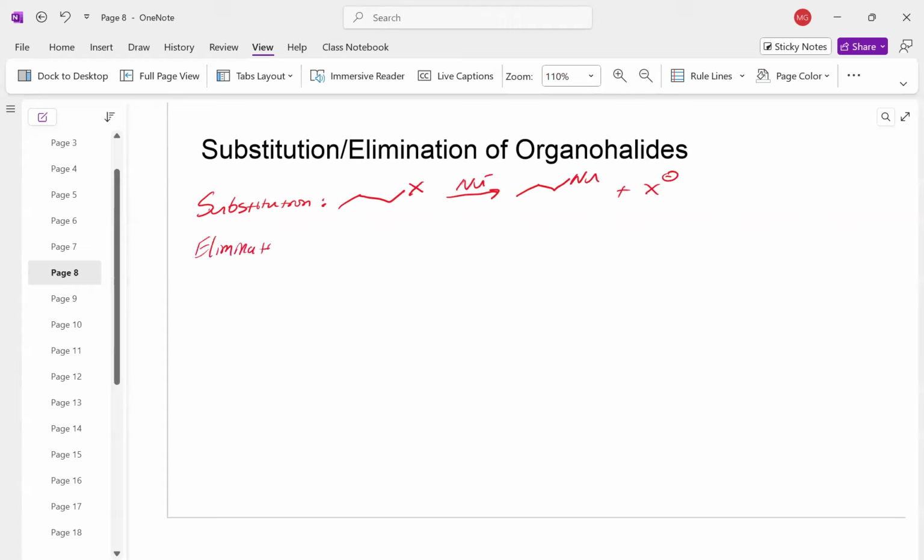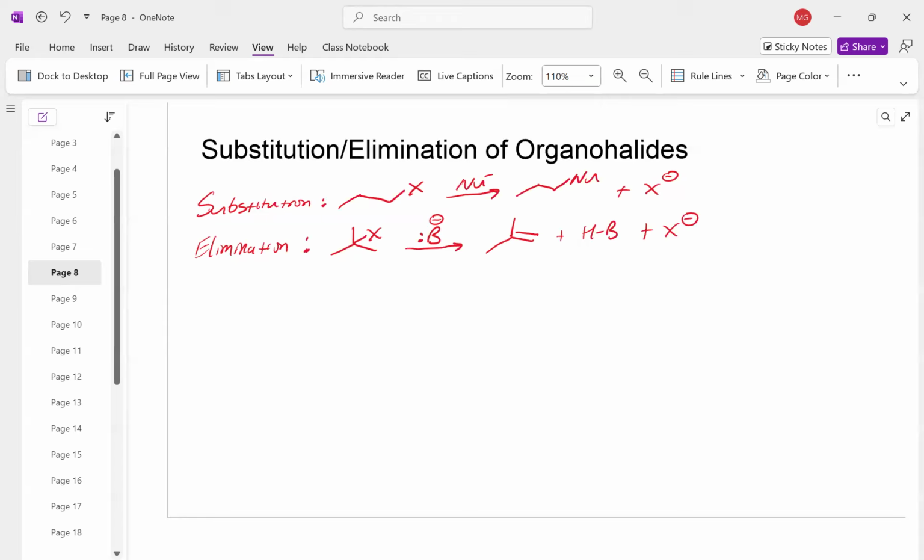And in an elimination, a base is used to pull off a hydrogen, form a pi bond, and kick off a halogen. In each case, the halide is acting as a leaving group.